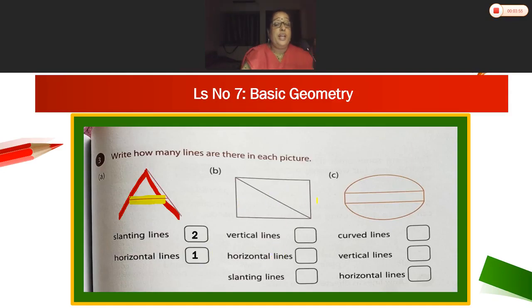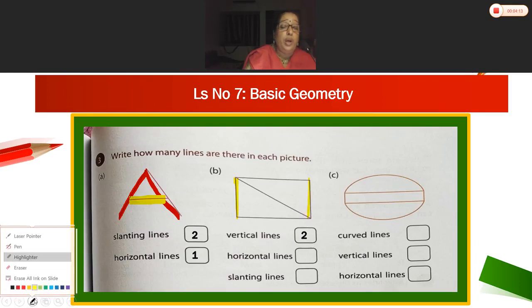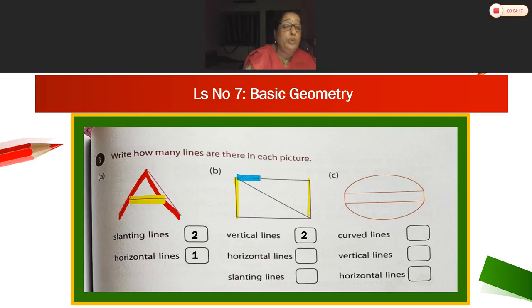Now we'll go to the next one, B. Now in this figure, how many vertical lines are there? How many horizontal lines and how many slanting lines? You can see 2 vertical lines with the yellow color. Now horizontal lines: at the top with the blue color 1 and down 2.